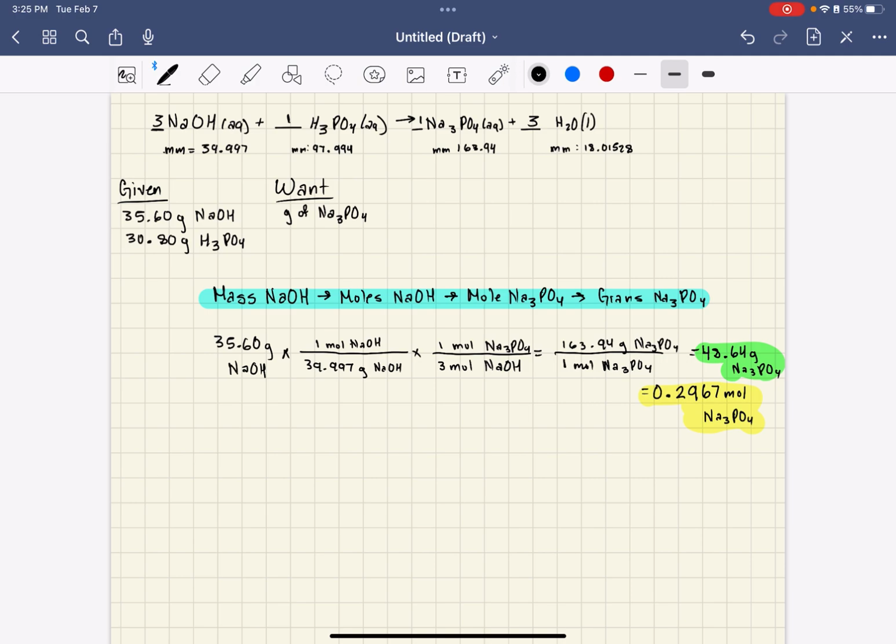So we're going to go from mass of H3PO4 to moles of H3PO4 to moles of Na3PO4, the same product as last time, to grams of Na3PO4.